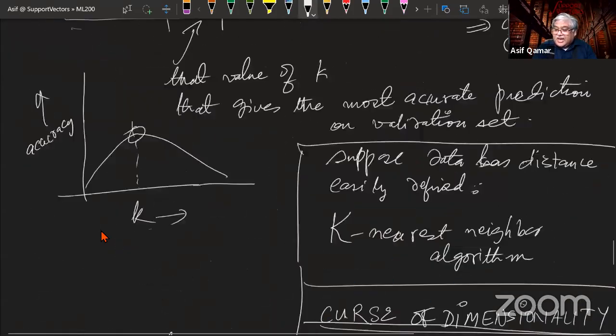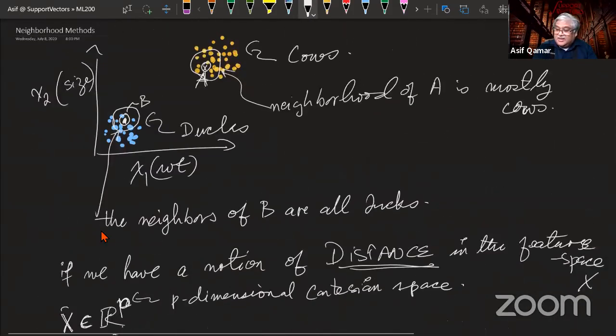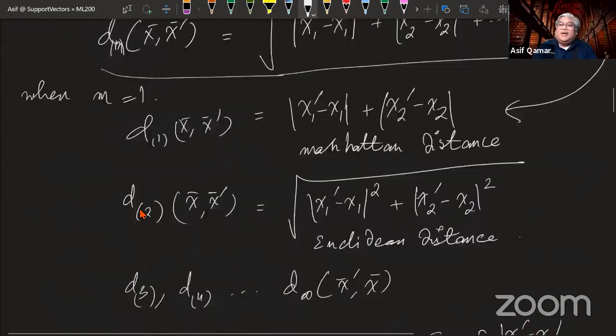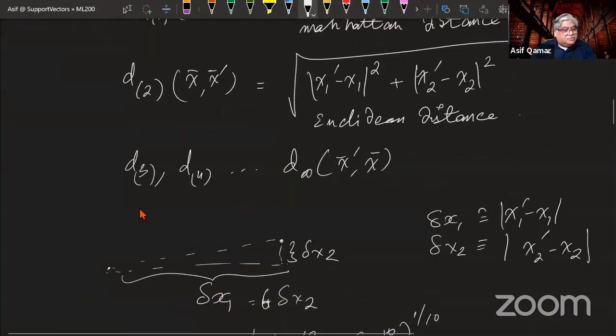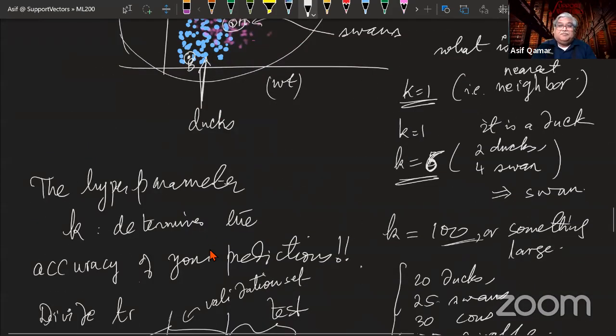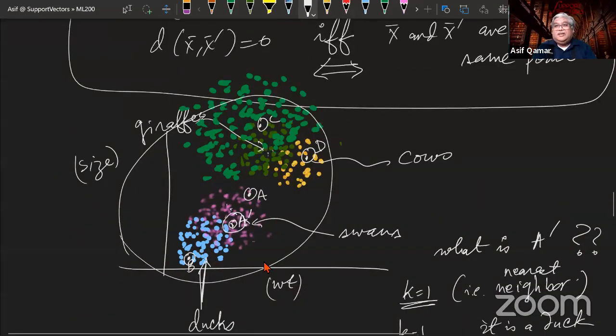So let me recap everything that we learned today from the top. We learned that it helps to just look at the neighbors if you have a notion of distance. So if you can find neighbors, and they better be real neighbors, they shouldn't be far off neighbors, then this algorithm works like a charm, right? So think about it this way: ducks, swans, cows.